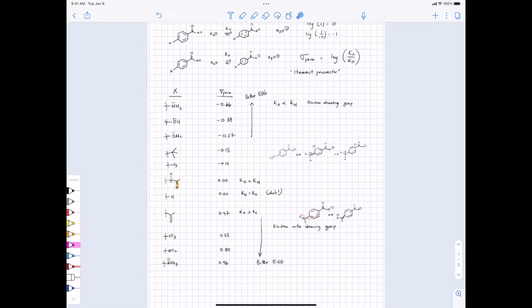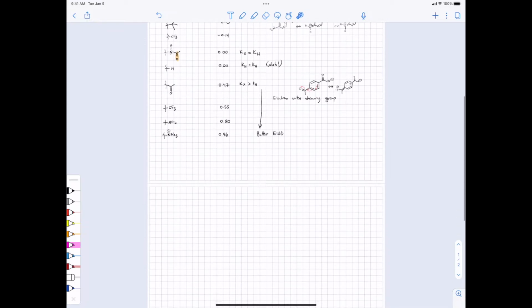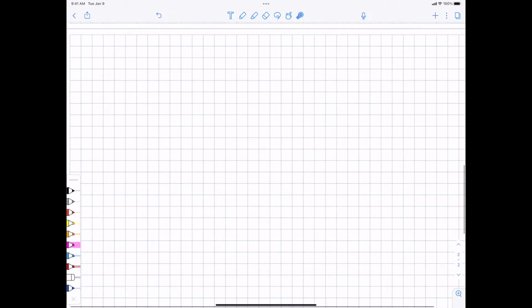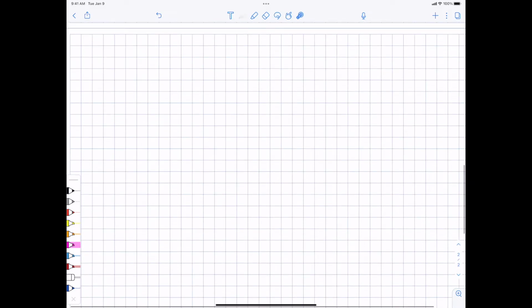Now we can use this reference reaction to interrogate other reactions. And we can do this with equilibrium constants or with rate constants. Let's start out with a related equilibrium constant.